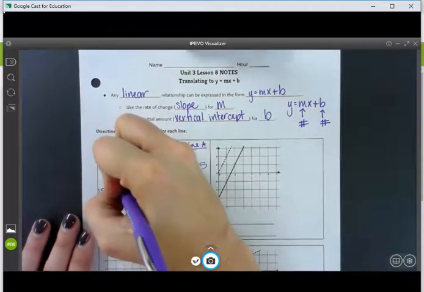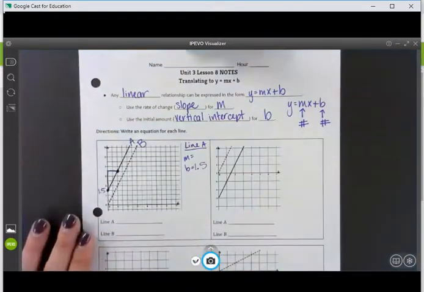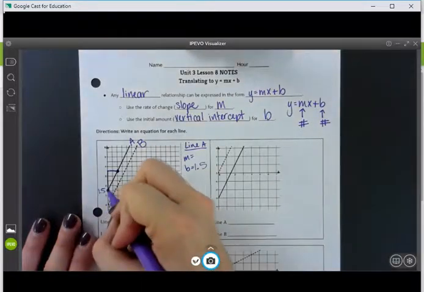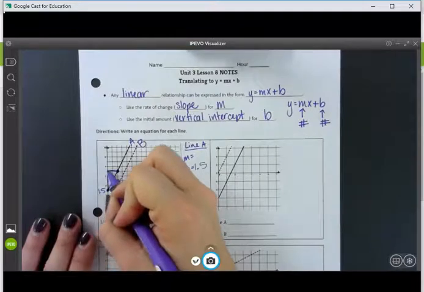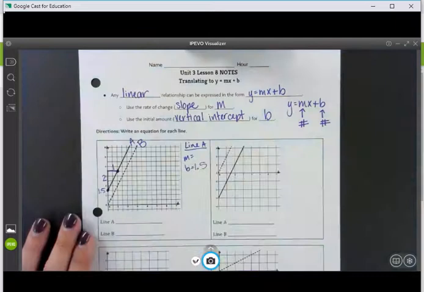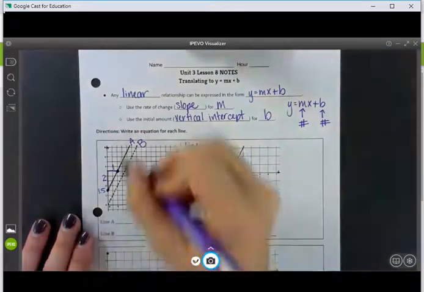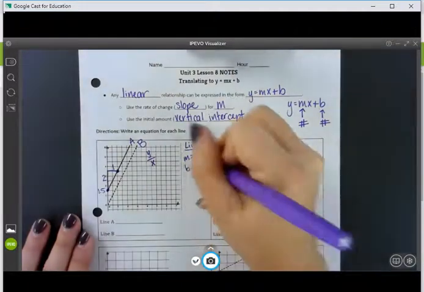Remember, to find slope, we need another perfect point on the line, and then we need to count the rise over the run. So since each of these is counting by a half, we go up a half, 1, 1.5, 2. So our rise is 2, and our run would be 1. Remember, put your y value over your x value on your slope.